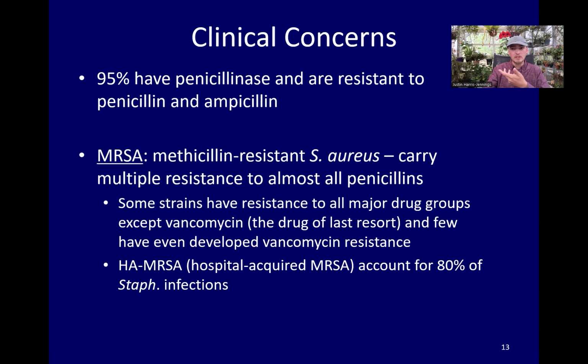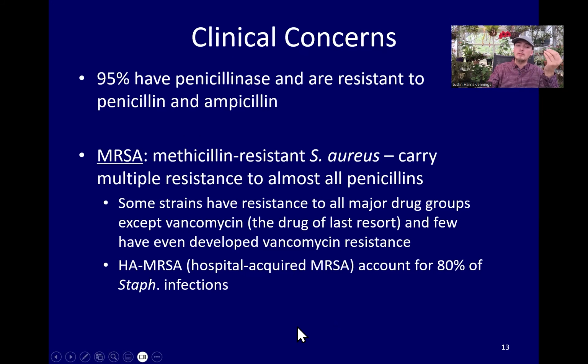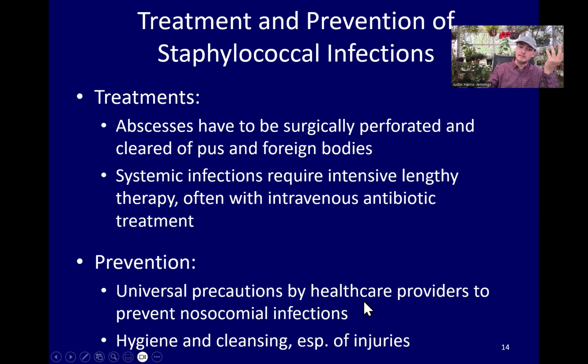And remember, virulence factors aid in the pathogenicity of the bacteria. So if you gain virulence factors, you're probably gaining pathogenicity, and you're going to be able to create an infection a little bit easier. And so MRSA is a bit more of a risk and harder to treat because of that. That's where we're going to have to be on the lookout for those kinds of situations.